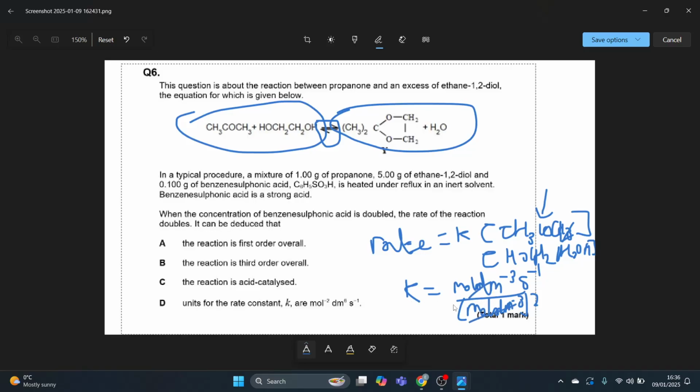And then that cancels out, and then we're left with s to the power minus 1 divided by mole per dm cubed. So it's going to be s to the power minus 1 mole to the power minus 1 dm cubed. So it is actually not going to be D in that case.